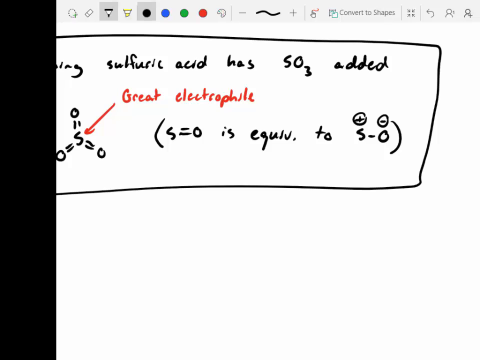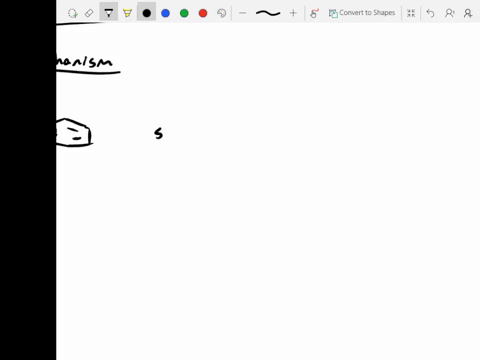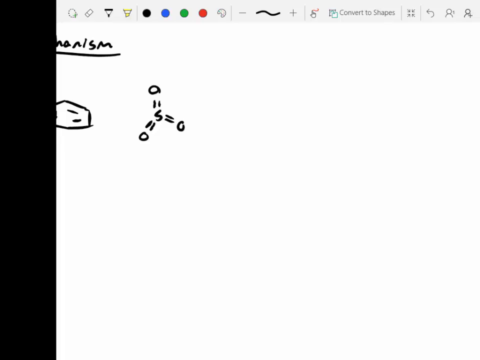All right, let's take a look at the mechanism. The mechanism primarily involves the sulfur trioxide. The sulfuric acid is more or less a solvent. So if we try to do our arrow pushing, we know benzene is going to be a weak nucleophile. We know sulfur trioxide is a very good electrophile.